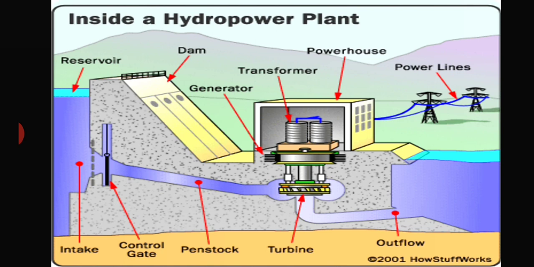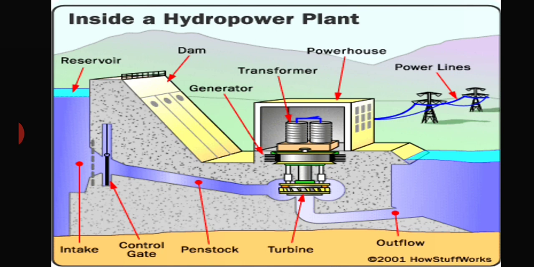The turbine can be of any type. It can be a high head, where you keep the water in a very high reservoir with a very high dam like the Idukki dam, or you can have lower dams like Periyar Valley and others in our state.